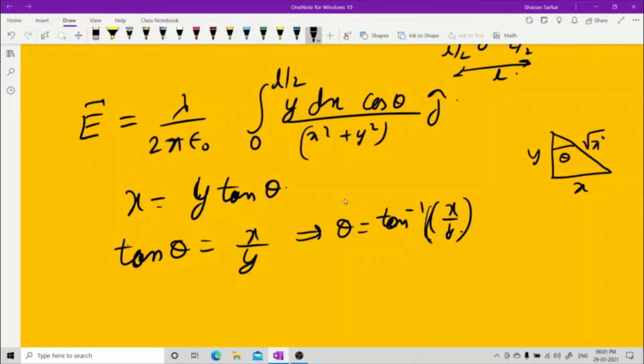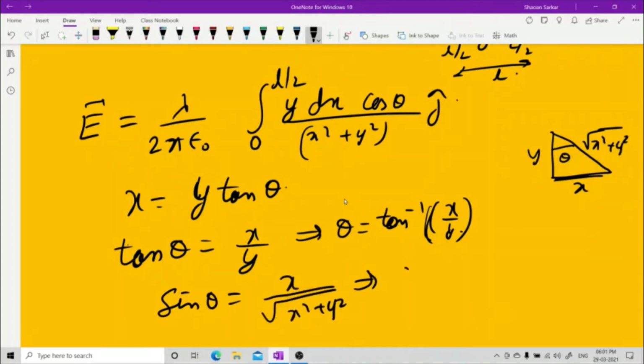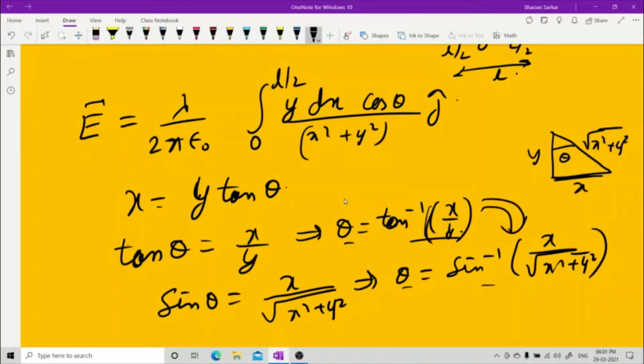This is under root x square plus y square by Pythagoras. So sine theta is this upon this, so sine theta is x upon under root of x square plus y square. So from here, theta is sine inverse x upon under root x square plus y square. This is needed. So both of these two expressions are the same because the theta is the same here.